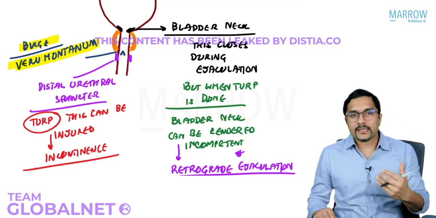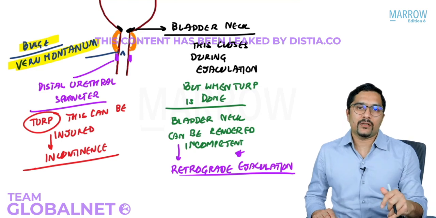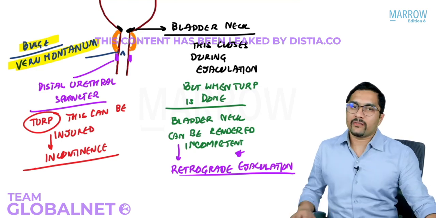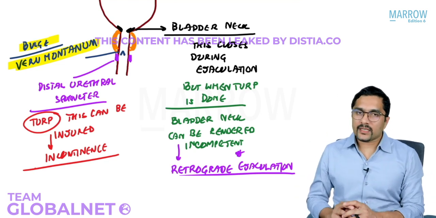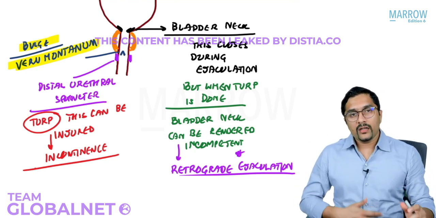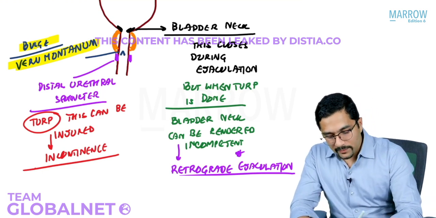We don't go distal to this, because if I go distal to this, then I can injure the distal urethral sphincter, and that will give rise to incontinence. So these were the points in the surgical anatomy which I wanted to cover. I'll reiterate them when we talk about the clinical aspects.